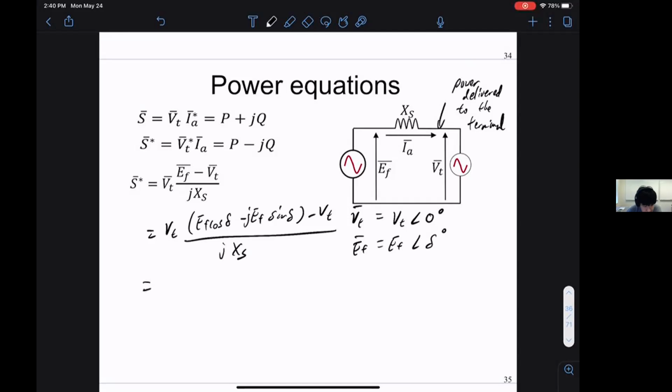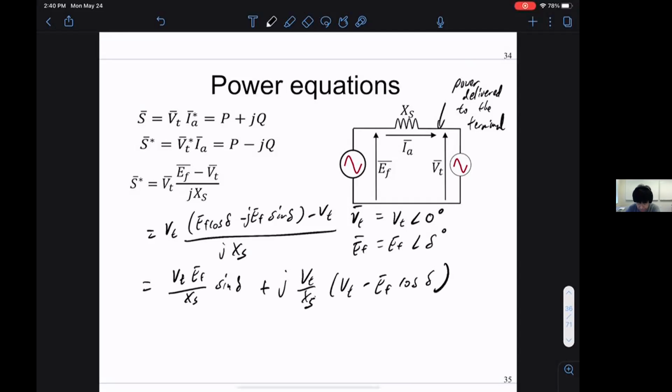This is simply VT EF over XS sine delta plus J VT over XS times (VT minus EF cosine delta). Okay, so this is the way the equation works out. And we get this is P, this is minus Q.